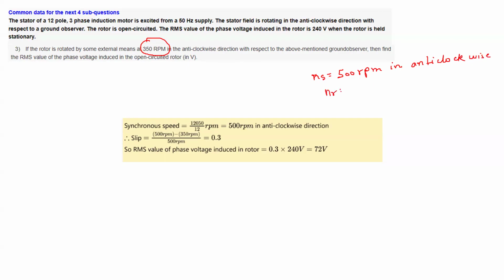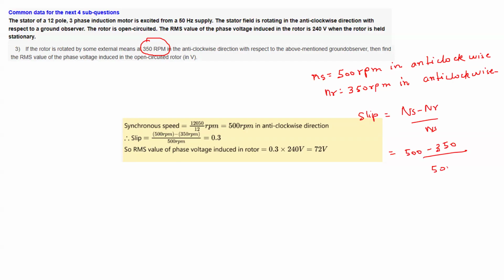Now Nr is 350 rpm in anti-clockwise direction. So what is your slip? Slip is Ns minus Nr by Ns, which is 500 minus 350 by 500.